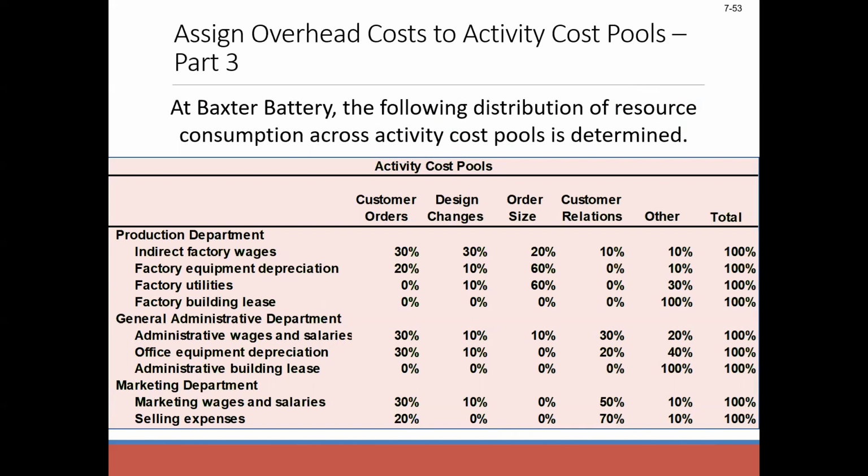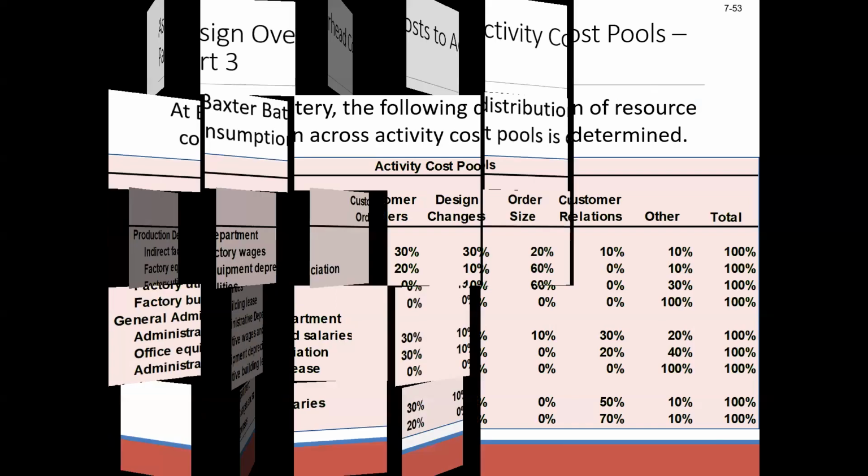So you can see each one of these, factory equipment depreciation, that predominant pool is linked with order size, same with factory utilities. So each of these assigns a weight for the various costs.